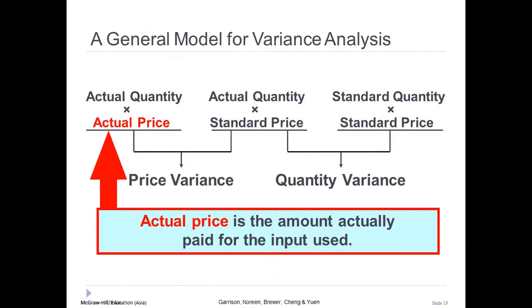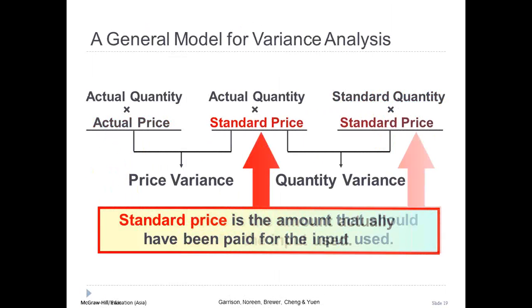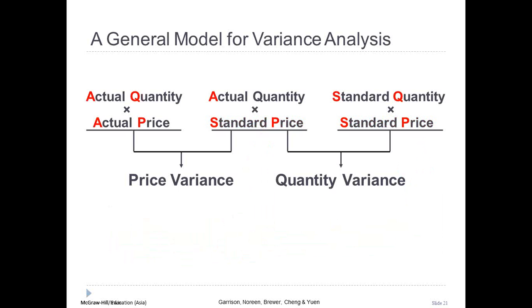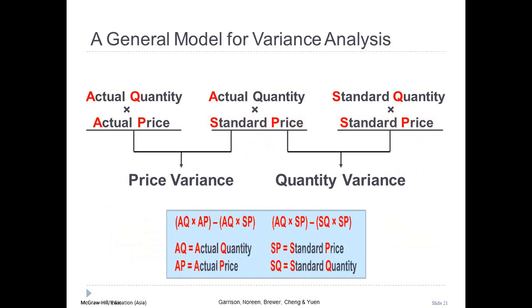The actual price represents the actual amount paid for the input used. The standard price represents the amount that should have been paid for the input used. In equation form, price and quantity variances are calculated as shown here.